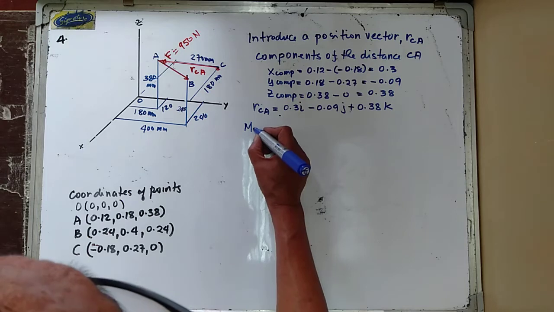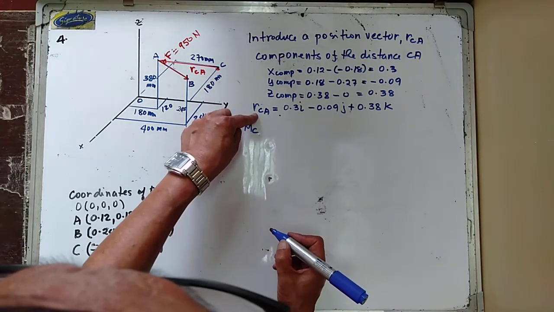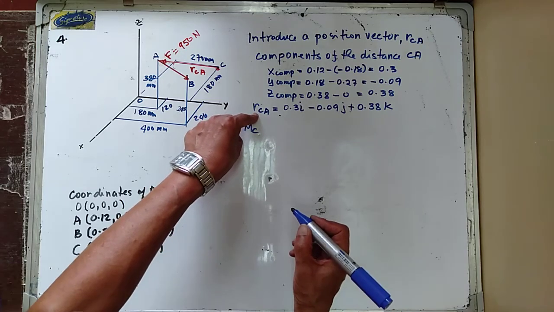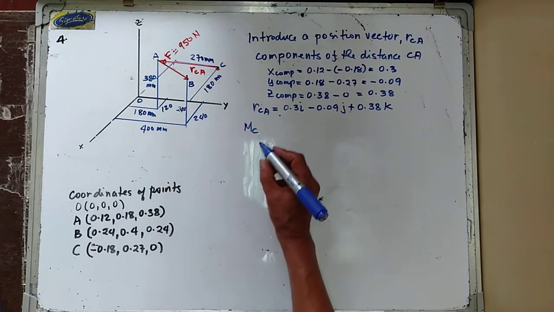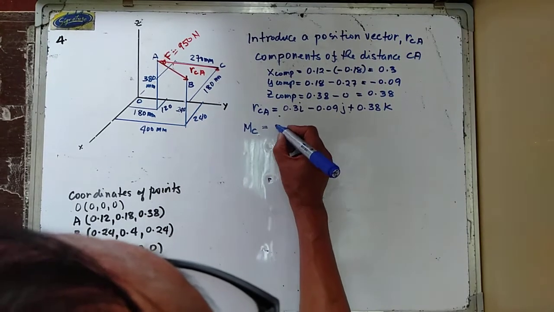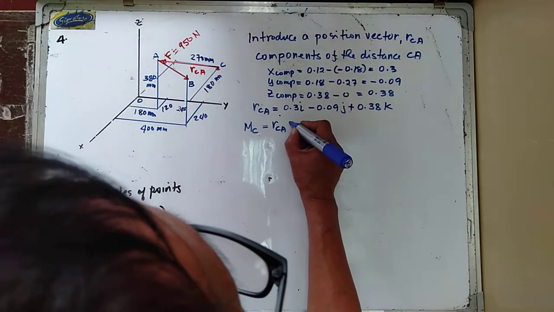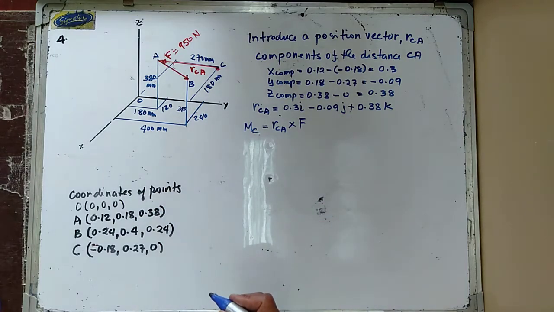So the moment of the vector about point C, the moment center, because the position vector always originates from the moment center, is now equal to the position vector CA cross the vector itself.